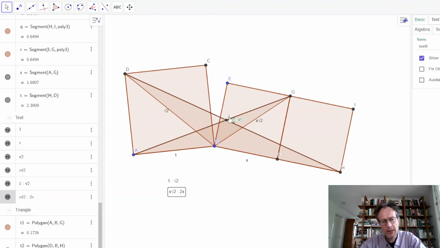Okay, now we have established that they are similar, but they are rotated with respect to each other. And what is their rotation? Well, that's exactly this angle, ABD. So if we rotate this side to that side and then dilate it, we get that larger triangle.